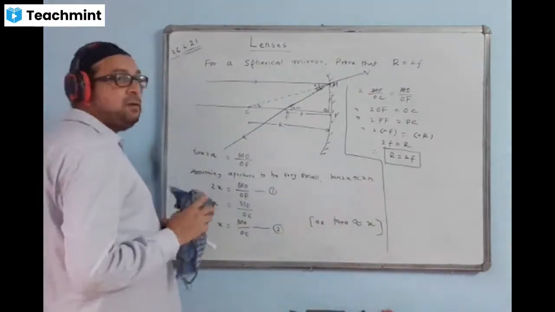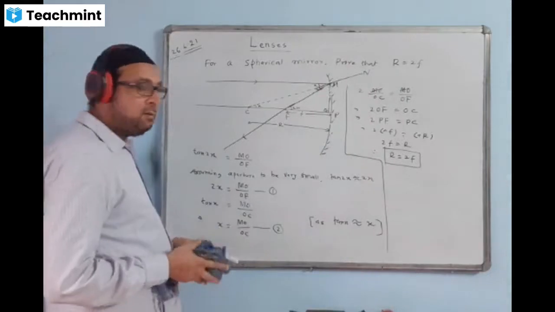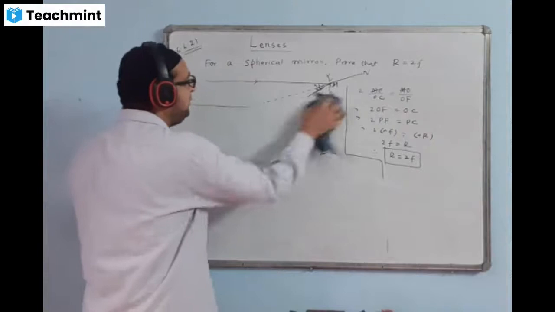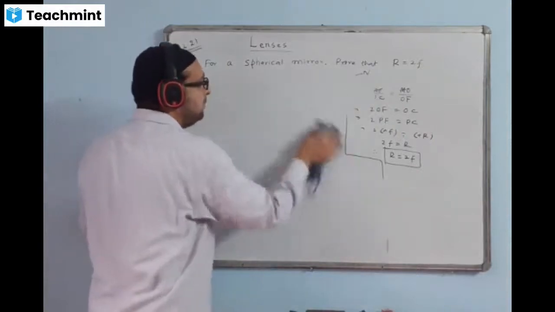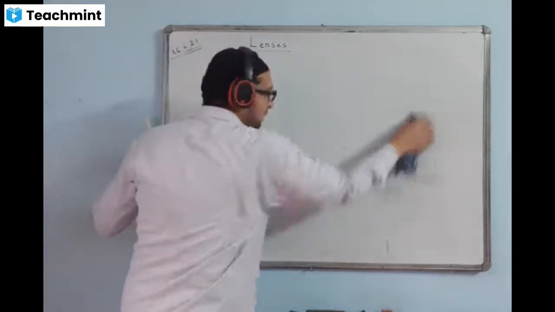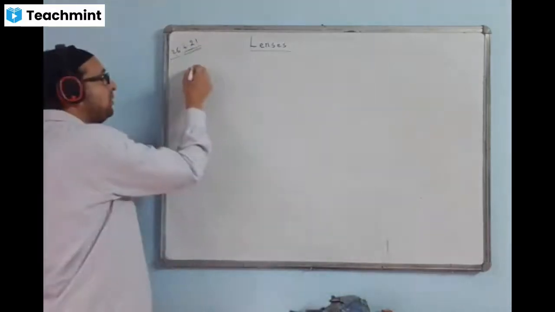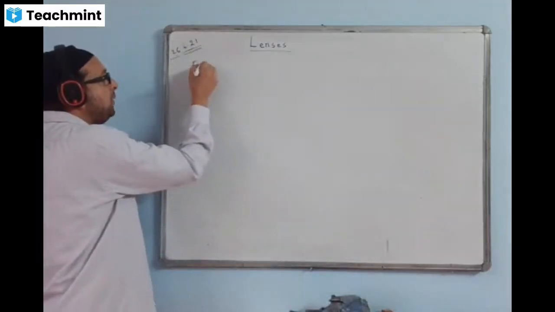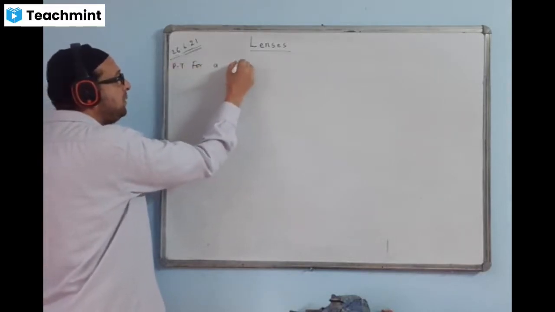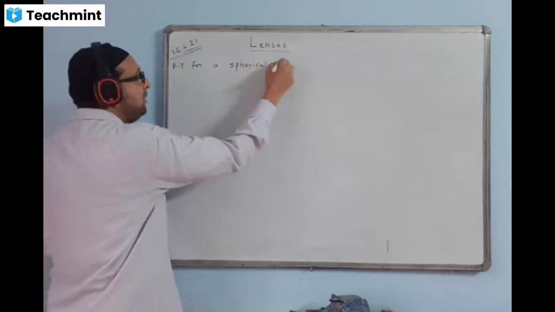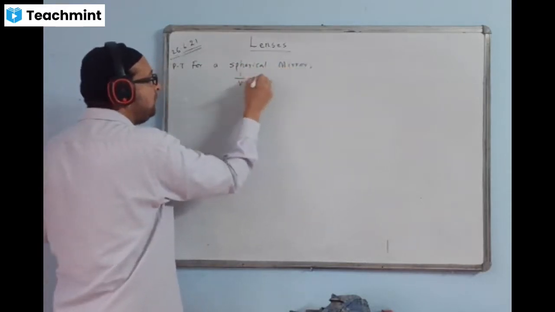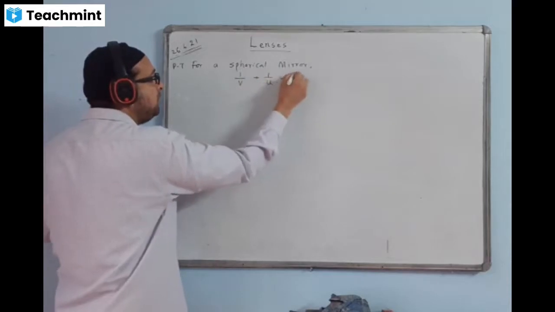Now I will derive the next formula, that is the mirror equation. A question may come: prove that for a spherical mirror, 1 by v plus 1 by u equals 1 by f.